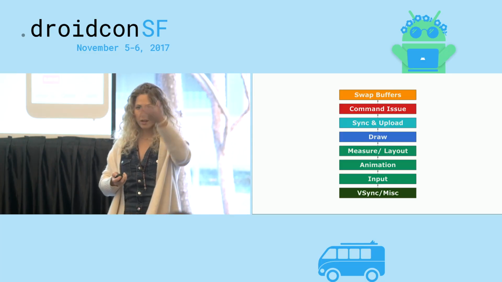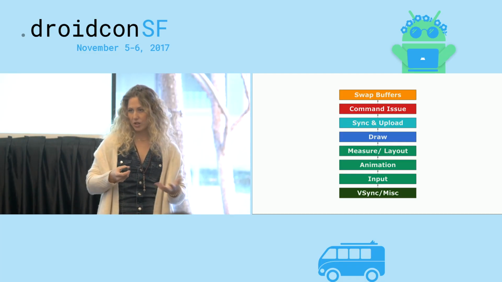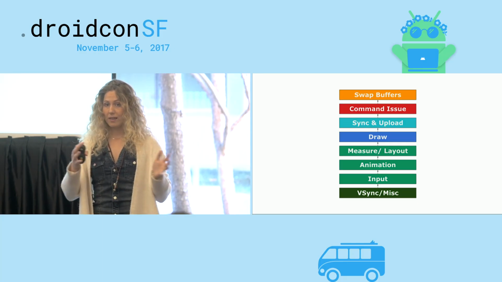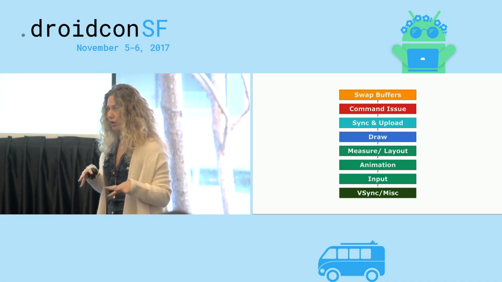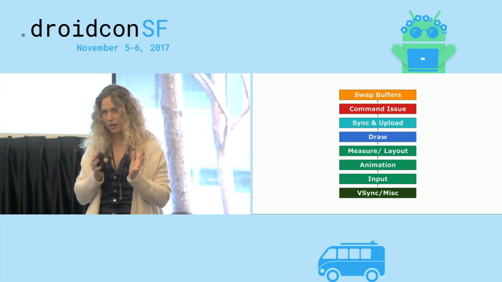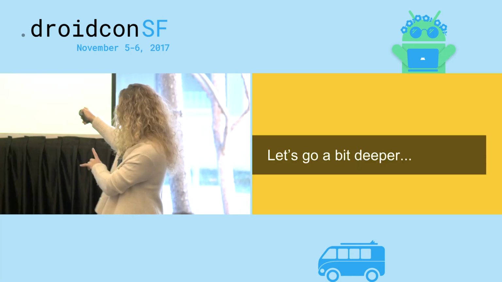And only then we're going to start with the measure and the layout. Many times the animation actually changes the measurement and the layout, stuff are moving around, changing colors. So we first want to do the input, the animation, and then we're going to measure and layout and everything. So this is kind of the process, which is really important.